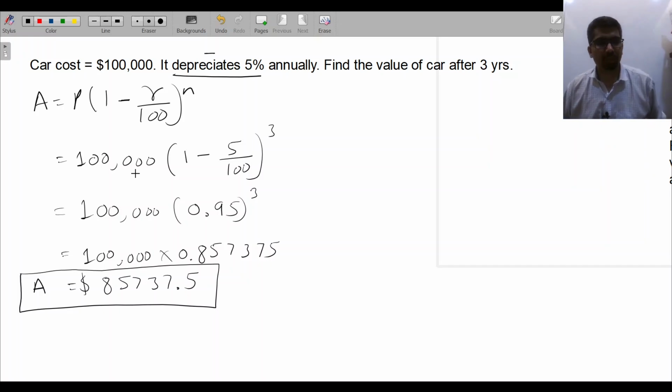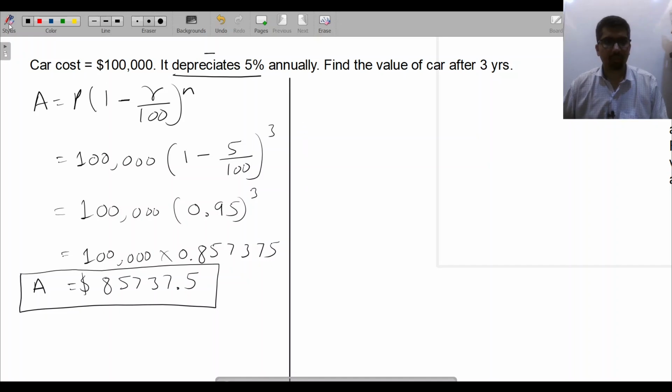Now this is the formula method. I'll go step by step. I'll go the normal step by step method. So let's draw a line over here. So this is depreciating. You have to use minus sign. 1 minus r upon 100.